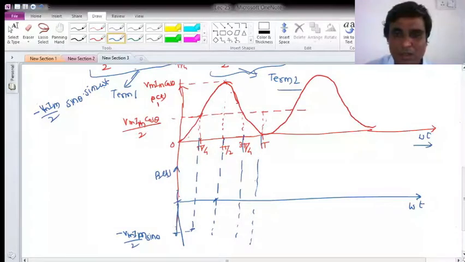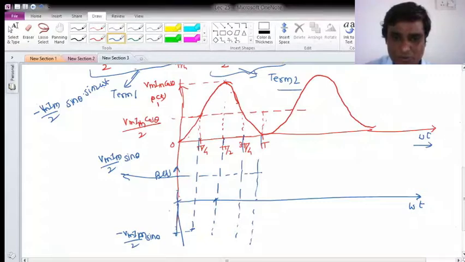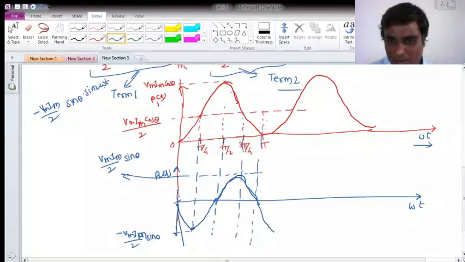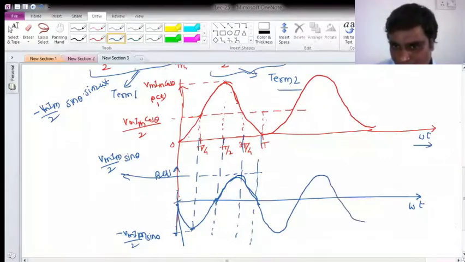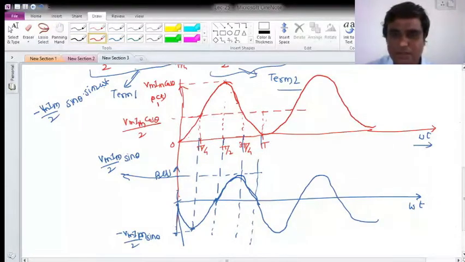Then at 3 pi by 4 it will be again Vm Im by 2 into sin theta, and then at pi it is 0. So it will peak here, then go to 0, then the peak will come at 3 pi by 4 and then 0, and then it continues like this. What I observe is that this is my double frequency oscillating power.